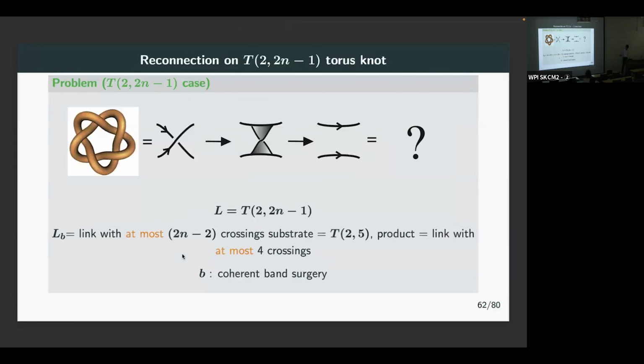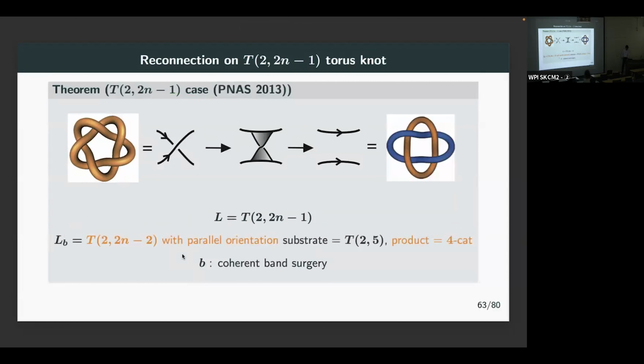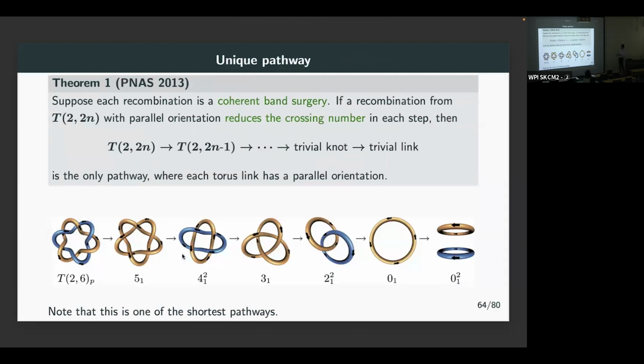And if you start from this, then also the crossing number goes down. And as a result, we can show that starting from this to go to a trivial link, this should be the answer. And actually, this is consistent with the biological experiment.